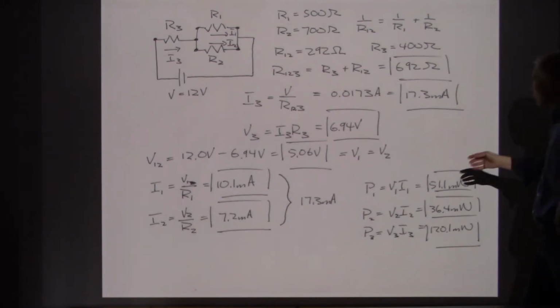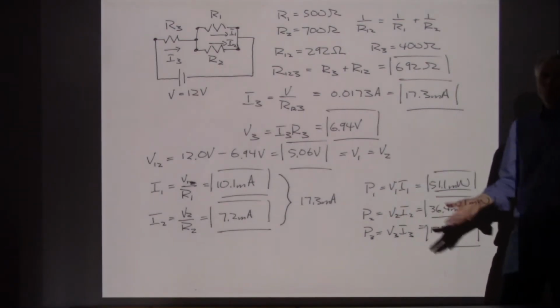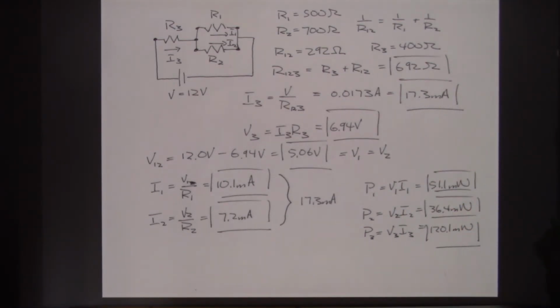Now at the end of a problem, I always like to go back and calculate the power. I like to ask these questions on midterms too. So at what rate is energy being thermalized in each one of the resistors?